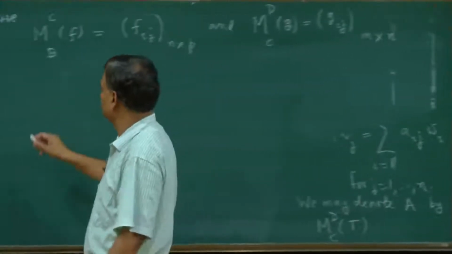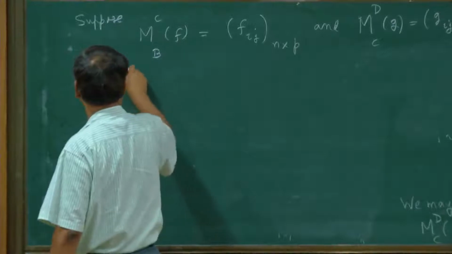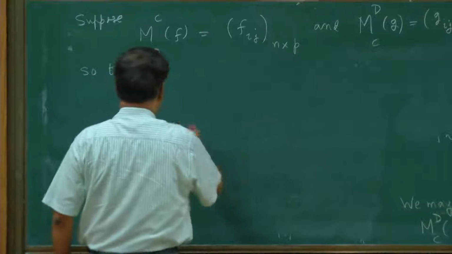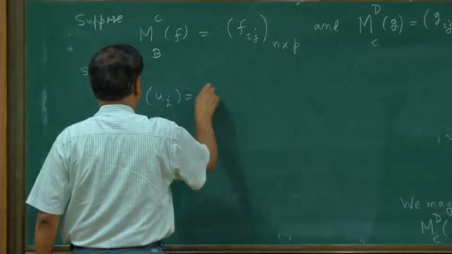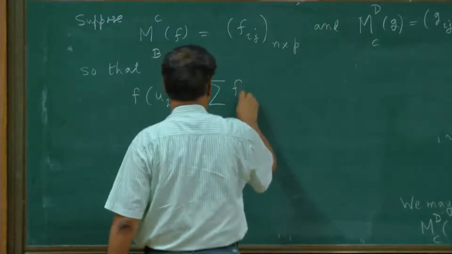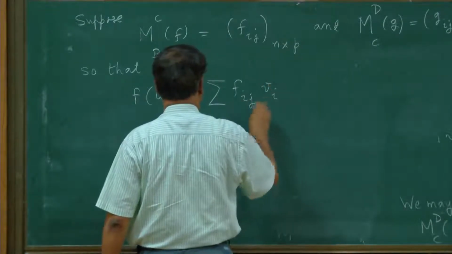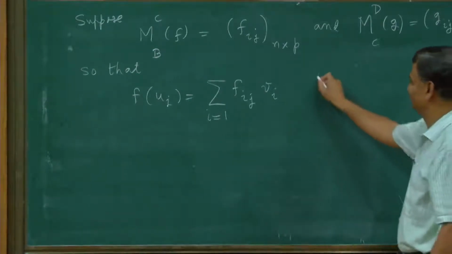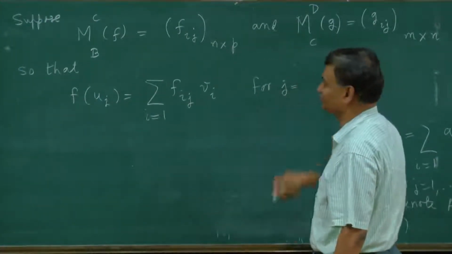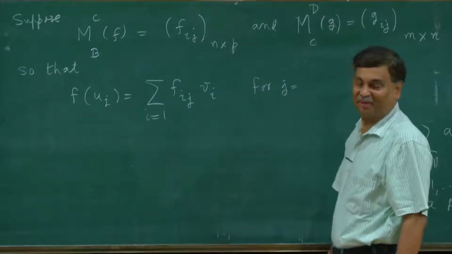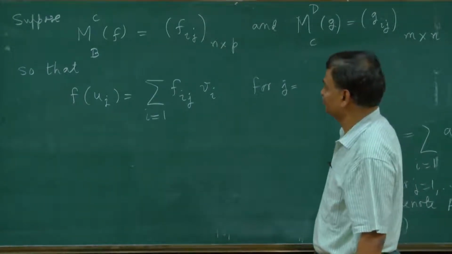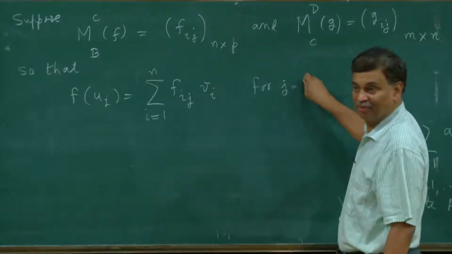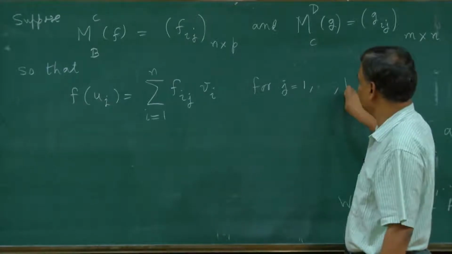So what does it mean? It means that, remember that relation, f of, let us say, uj is the summation of Fij Vi. I going from where to where now? 1 to n, and j here will go from 1 to p.